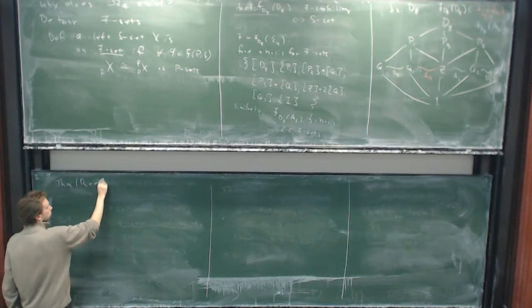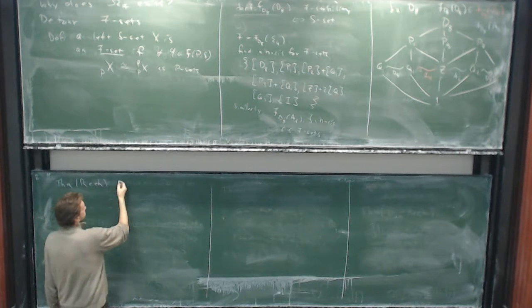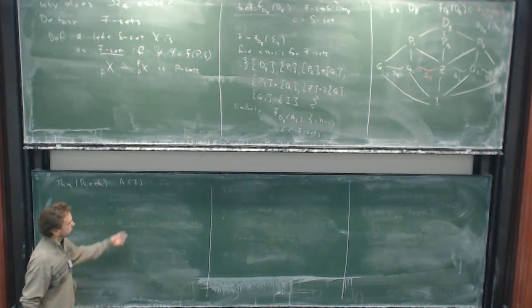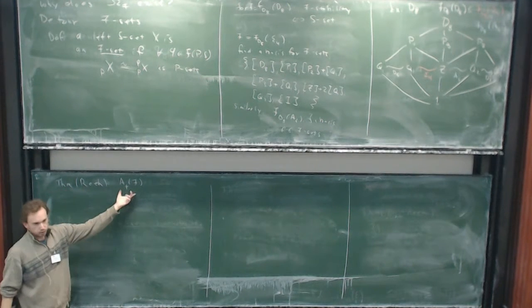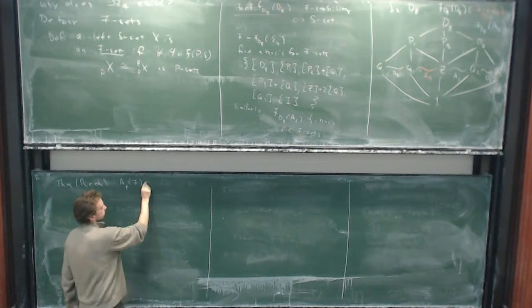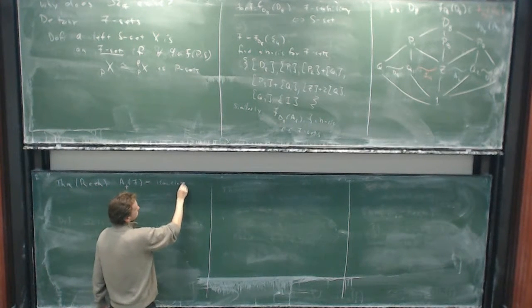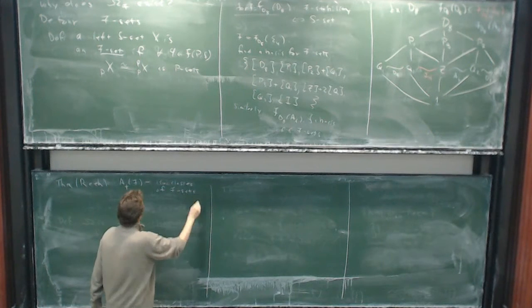Suna proves this behavior is general. So let's write A plus of F. By this I mean isomorphism classes of F sets.